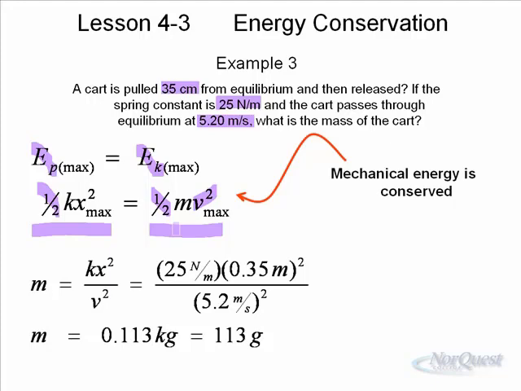So k is 25, our x is 0.35 meters, and our speed at equilibrium, according to this question, is 5.2 meters per second. When we square all the appropriate amounts, we get an answer of 0.113, which is in kilograms, and of course 0.113 kilograms is equal to 113 grams. So a simple example of knowing that energy is conserved, where the maximum potential is equal to the maximum kinetic, and solving for one of these unknowns.